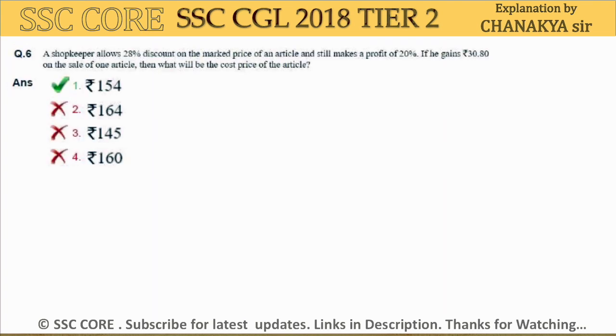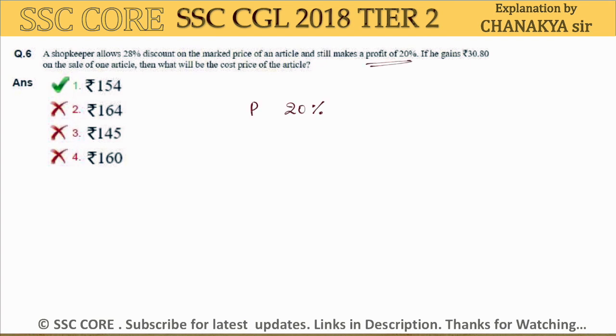A shopkeeper allows 28% discount on the market price and still makes a profit of 20%. If he gains 30.80 rupees, then find the cost price of the article. A shopkeeper is giving you 28% discount, still making 20% profit.